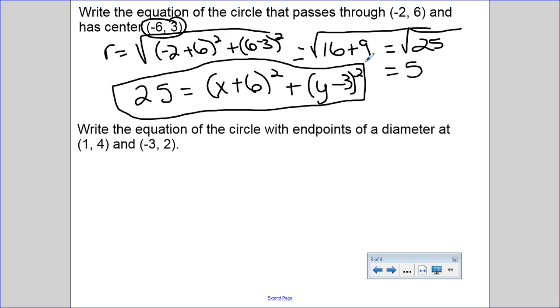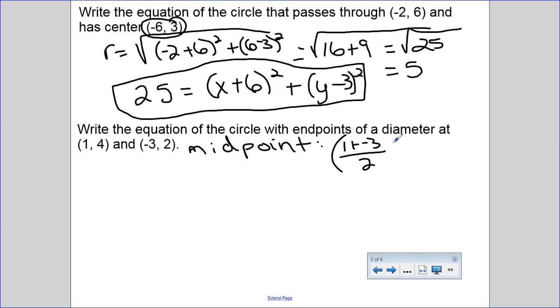Write the equation of the circle with endpoints of a diameter at (1, 4) and (-3, 2). So these are the endpoints of that whole diameter through the middle. I need to get halfway through to get the radius, so I'm going to find the midpoint. The midpoint, if you remember, is finding the average.